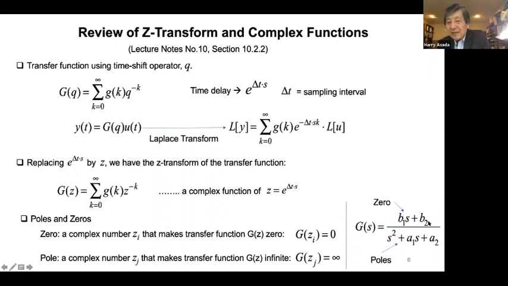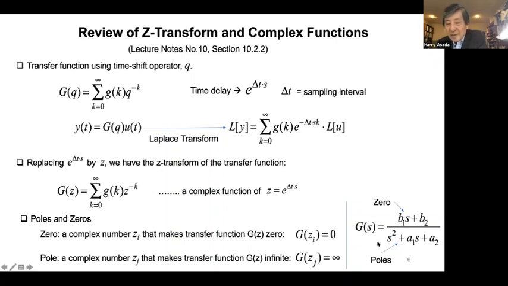Your instructor said, let's set the denominator to 0, then solve for S. Those are the poles, right? Set the numerator polynomial to 0, and then solve for S. And then you get the zero, in this case minus B2 over B1, right?